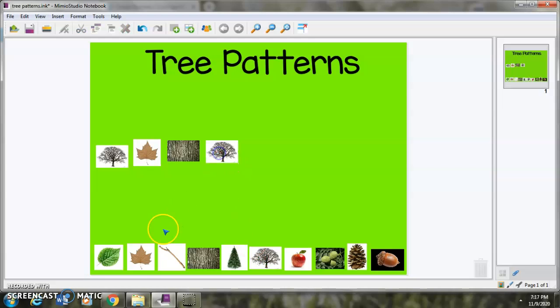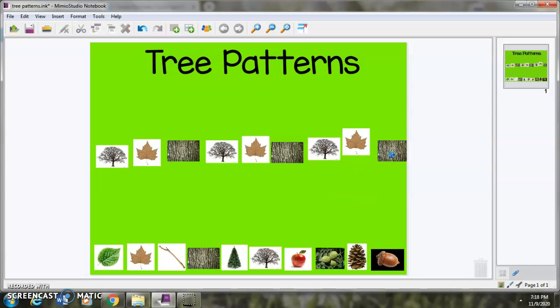Deciduous tree, brown leaf, bark. Deciduous tree, brown leaf, and bark. Talk with your person that you're working with. Did I make a pattern?